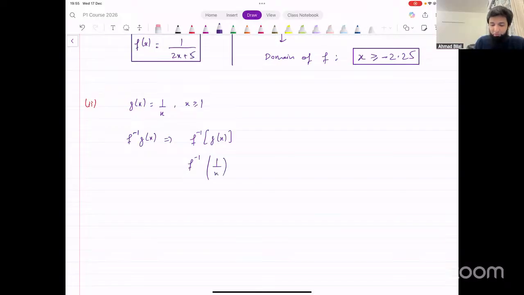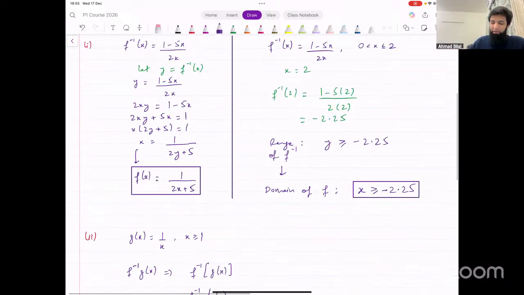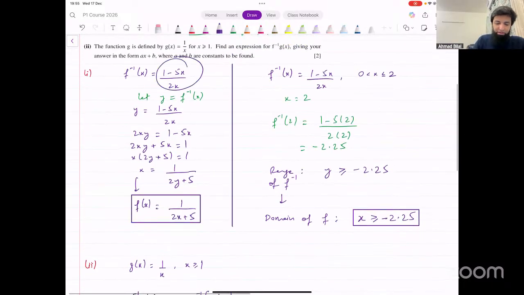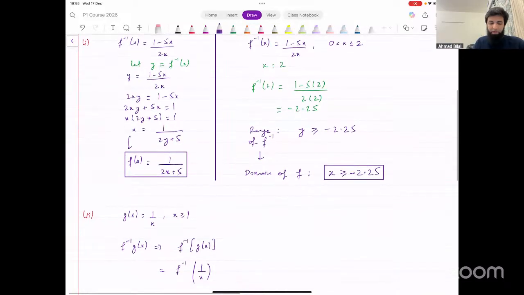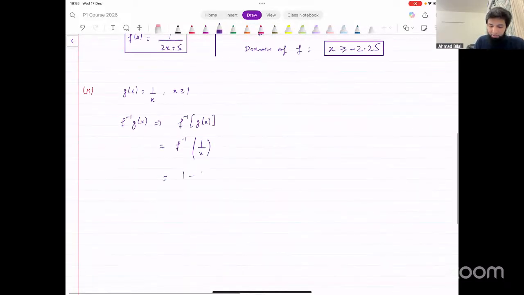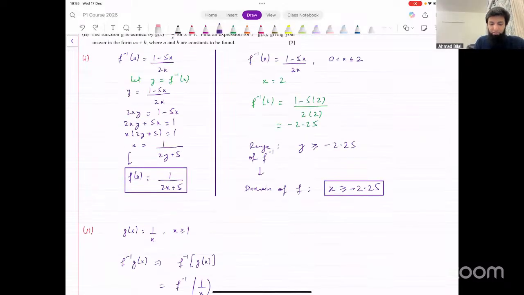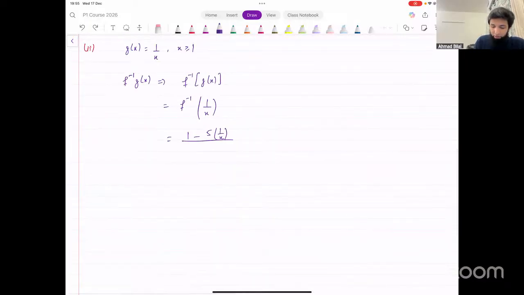So for f inverse of 1 over x, all we have to do is, in the inverse function, replace x with 1 over x. That will be (1 minus 5 into 1 over x) divided by 2 into 1 over x, which is 2 over x.